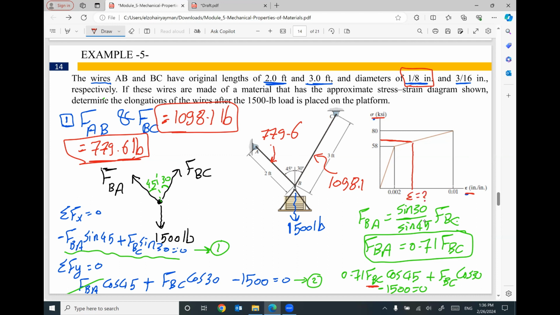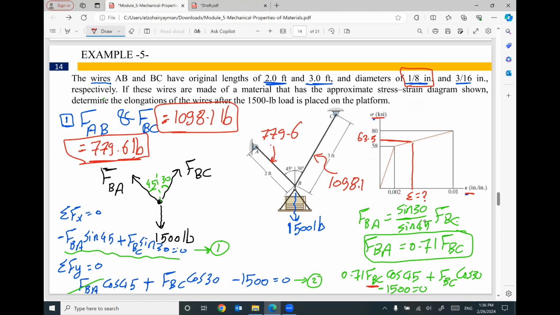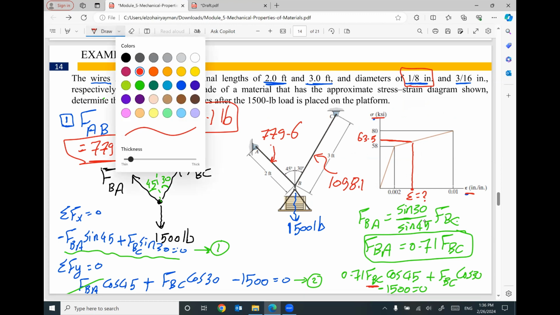So at this stress, 63.5 KSI, the stress in the member or the wire AB, what is the corresponding strain? How can I figure this out?